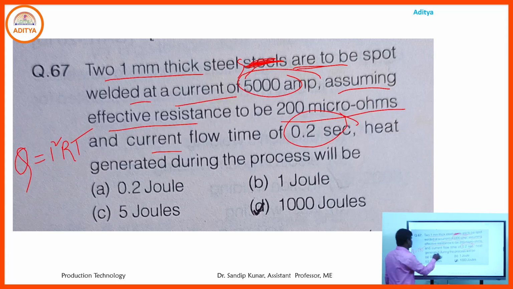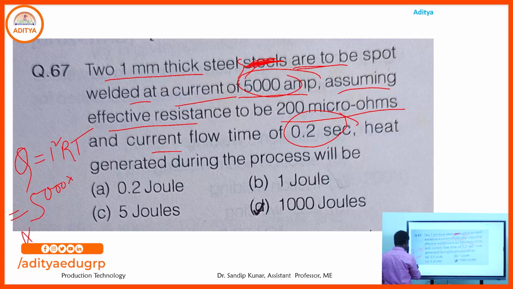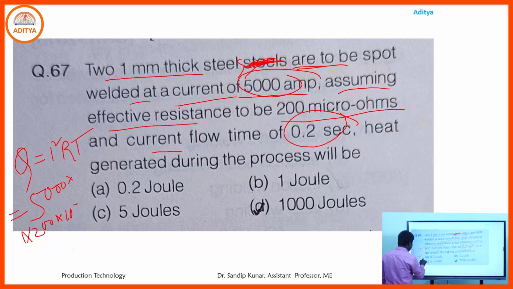Here I equals 5000 ampere. Then resistance equals 200 micro ohms. Now we will convert into ohm, so we can write 200 into 10 to the power minus 6, and the current flow time T is 0.2.